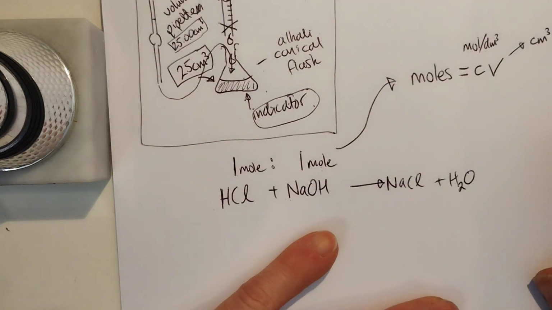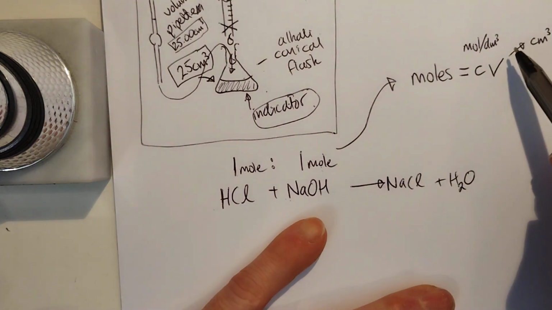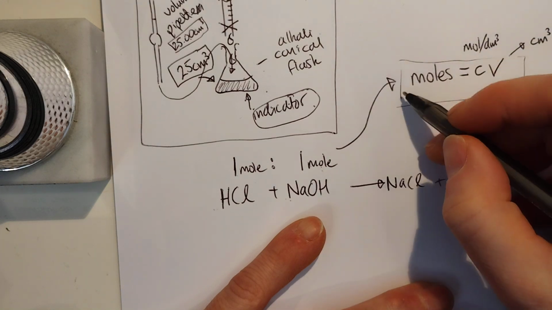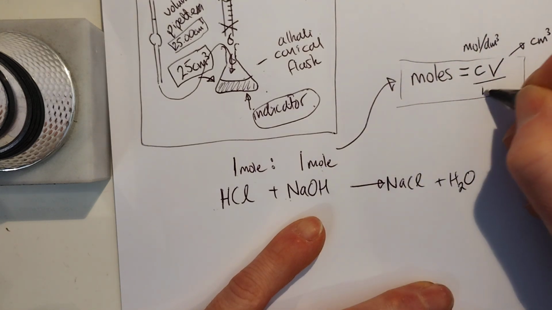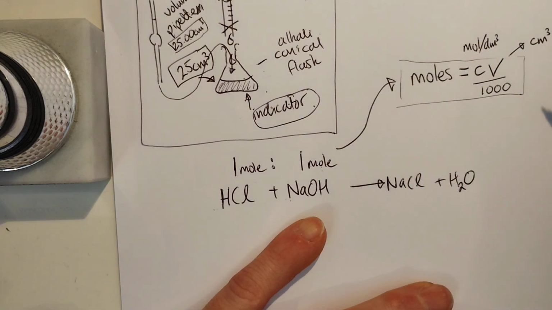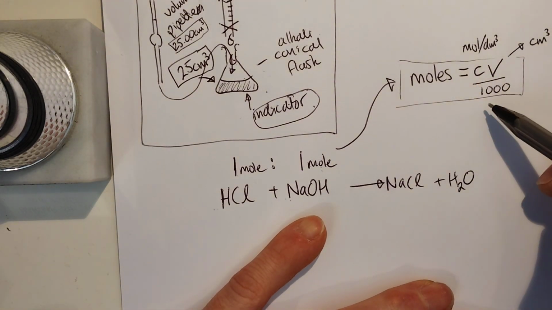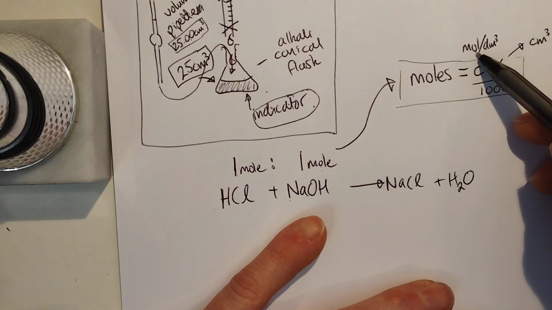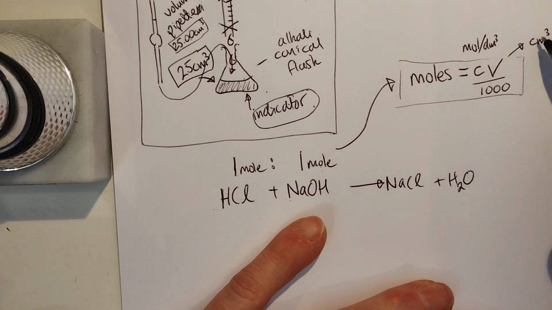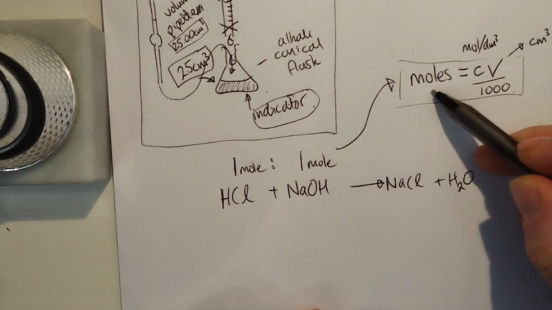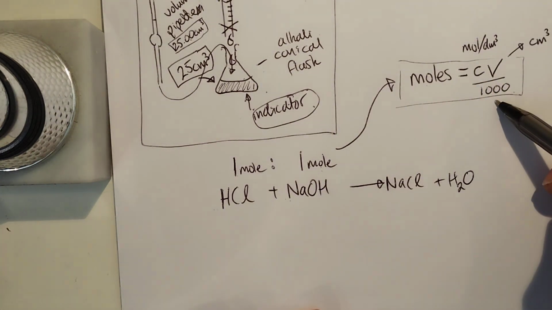So what I teach my classes is, instead of learning moles equals C times V, we learn moles equals CV divided by 1000. If you don't go to my school, this is quite a useful little summary. Moles equals the concentration in moles per decimetre cubed times the volume, all divided by 1000. So I'm going to be saying through this video, moles equals CV divided by 1000.